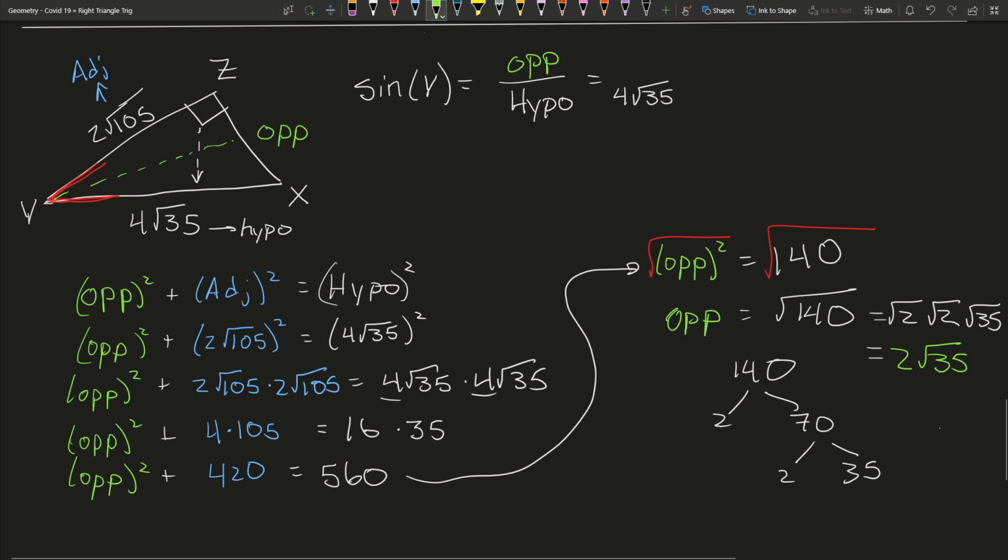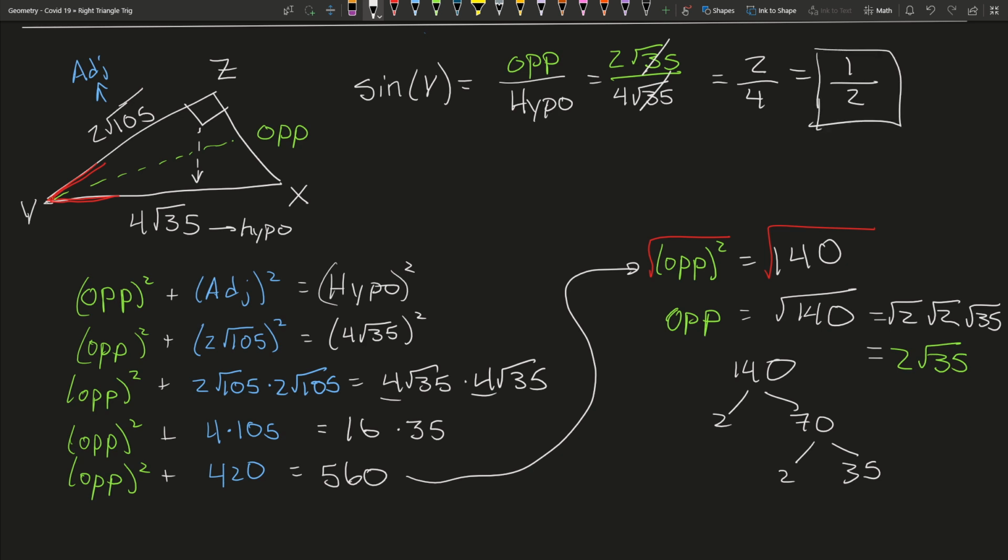So if we put that back up in our ratio, we had 2 rad 35 over 4 rad 35, which this rad 35 cancels out with the other one. So we get 2 over 4, which again is just 1/2.